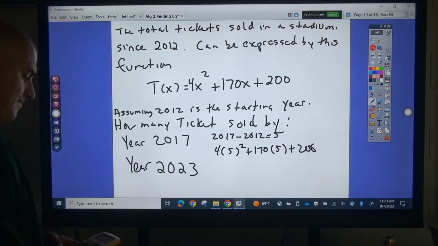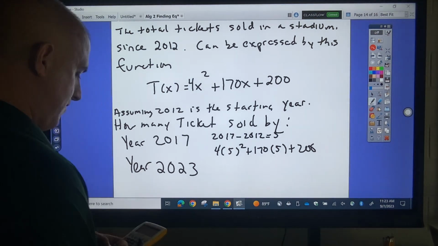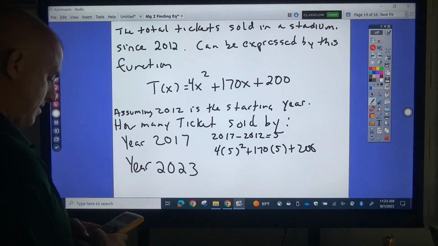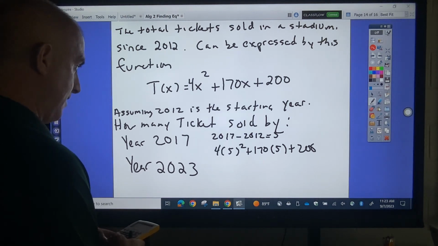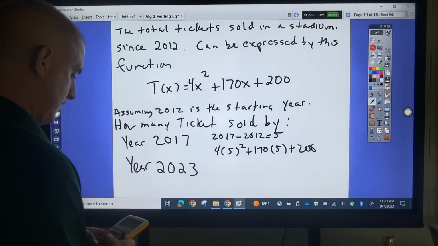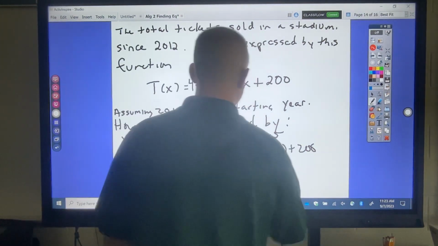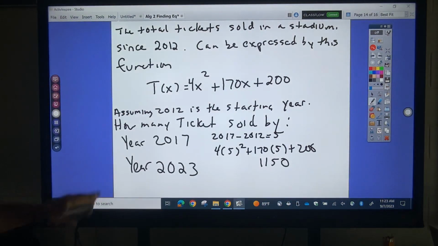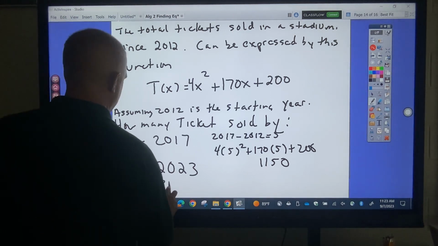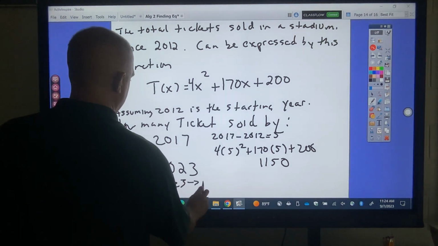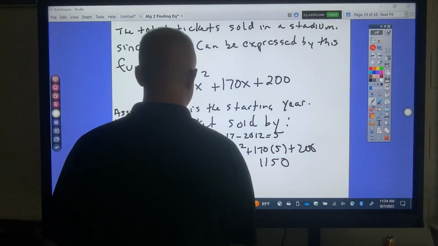And then if you take out your calculator, you can do that, all right? 4 times 5 squared plus 170 times 5 plus 200. So that stadium would have sold 1,150 tickets, okay? By the year 2023, if you subtract 2012 from 2023, you would get 11.